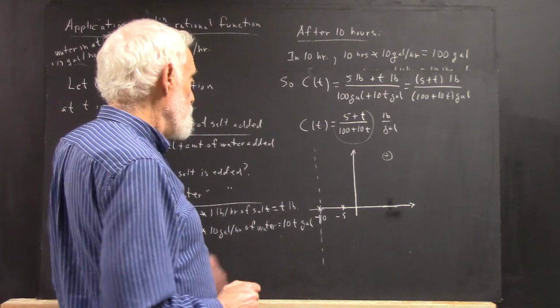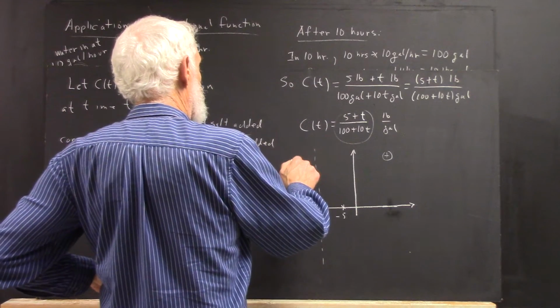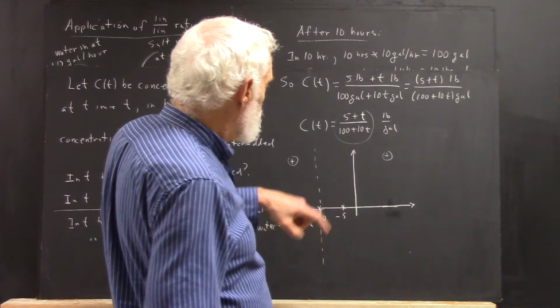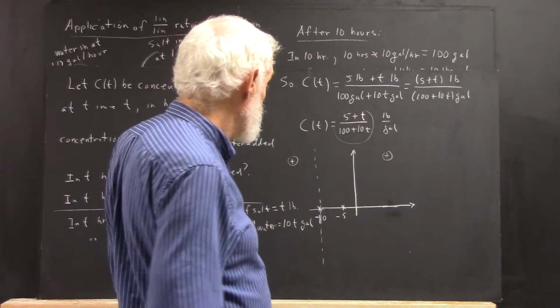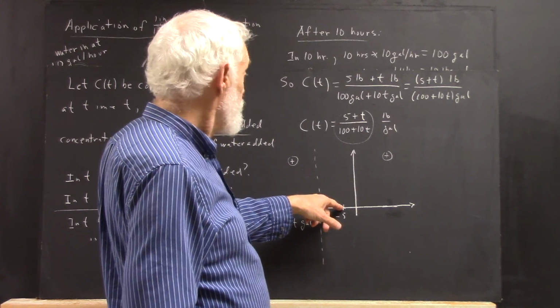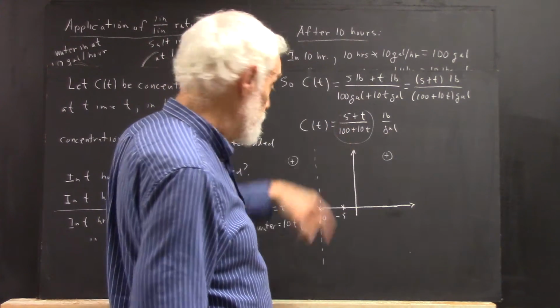Well, we know the graph is positive out here, because of course if t is a large negative number, both the numerator and denominator are going to be negative. Now between -10 and -5, the numerator is going to be negative, the denominator is going to be positive.